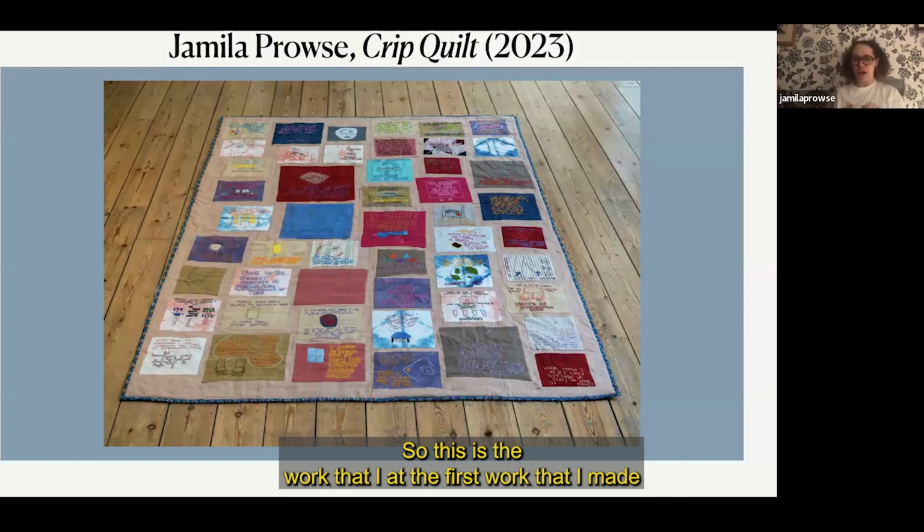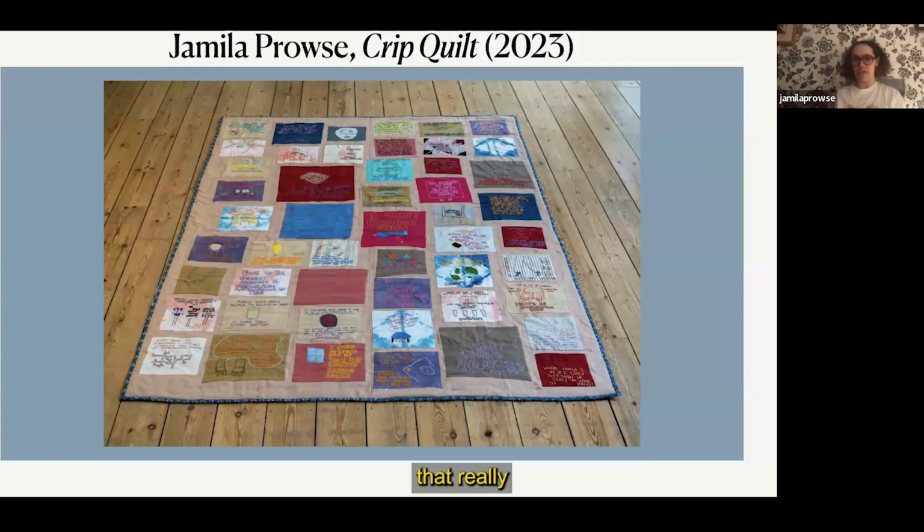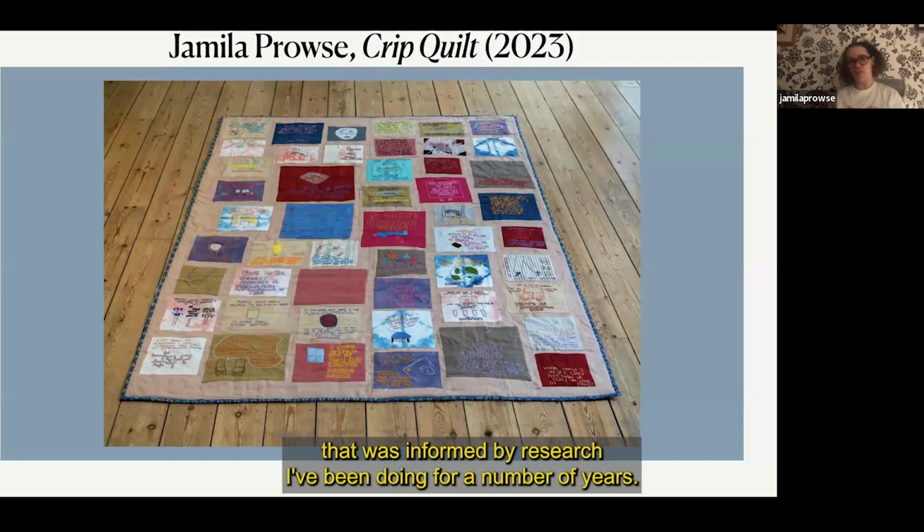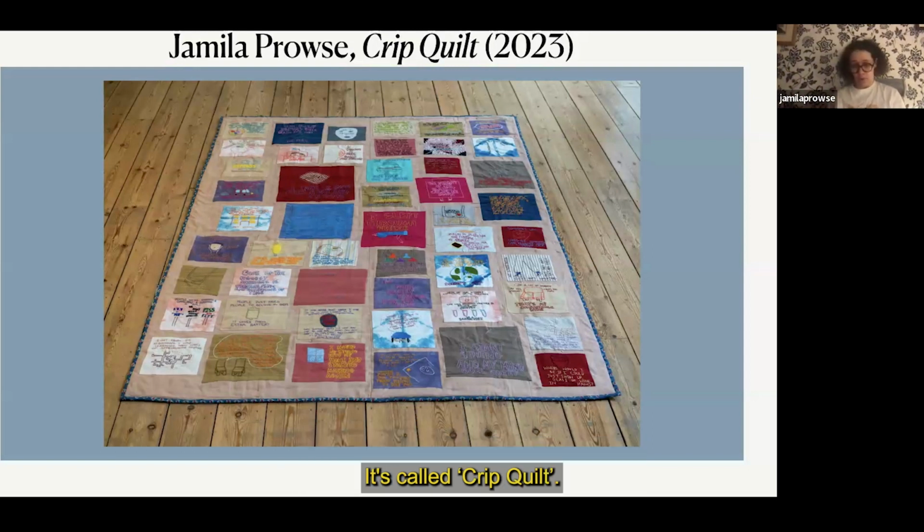So this is the first work that I made that explicitly referenced disability, informed by research I'd been doing for a number of years. It's called Crip Quilt. It is a large-scale patchwork textile quilt made across 15 months.